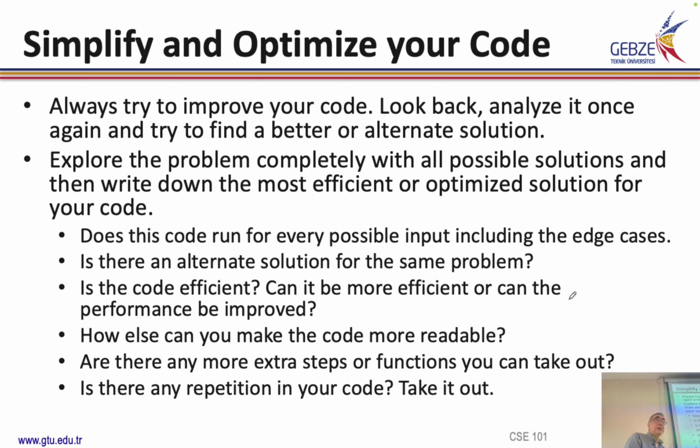Make your code readable by other people. What else can you do? What else can you do to make it portable across platforms? Like if you develop something for iOS, can you port it to Android or Windows or Linux? So how can you make it more usable? Think about those solutions.